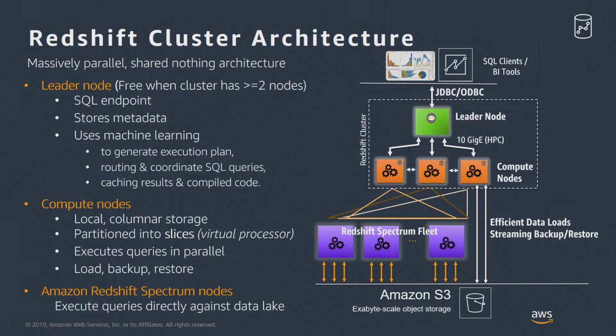All right, and here you can see the Redshift Spectrum fleet. So again, if all of your data fits on your Redshift cluster, maybe you've got a 10-node cluster, maybe you've got a 100-node cluster, and your data's there, your queries are performing well, awesome.